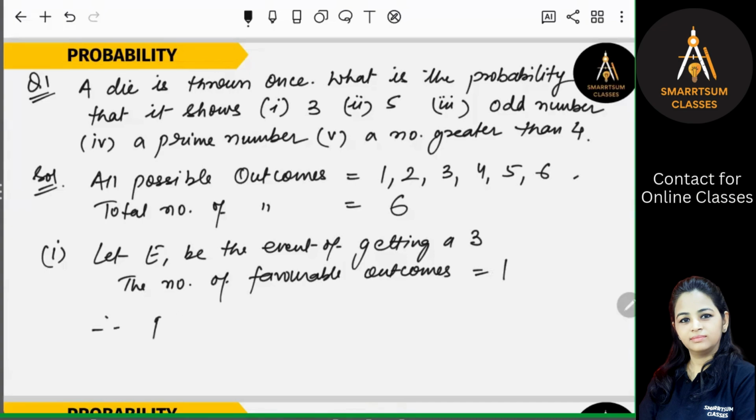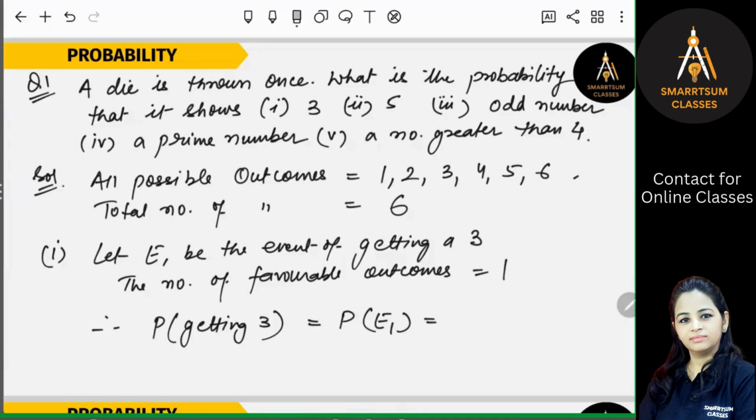So what is the theoretical probability of getting 3? Getting 3 means P(E1), which we have assumed here, is equal to 1 by 6, right? According to the formula. What is the formula?